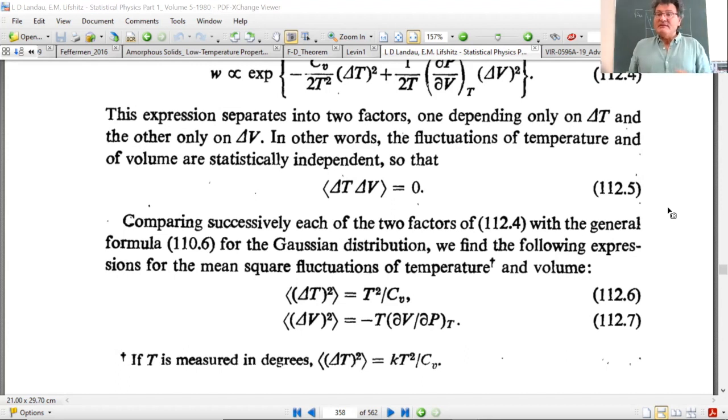Since we consider the system from the point of view of statistical physics, the fundamental quantities of this system that is not isolated are continuously fluctuating.